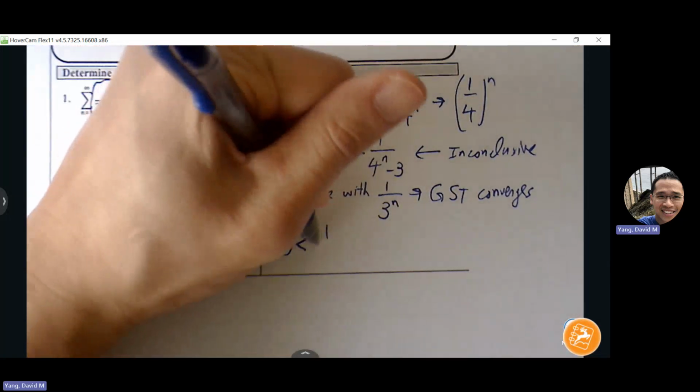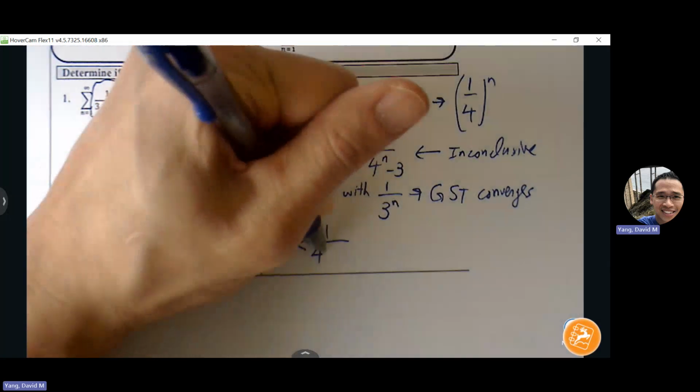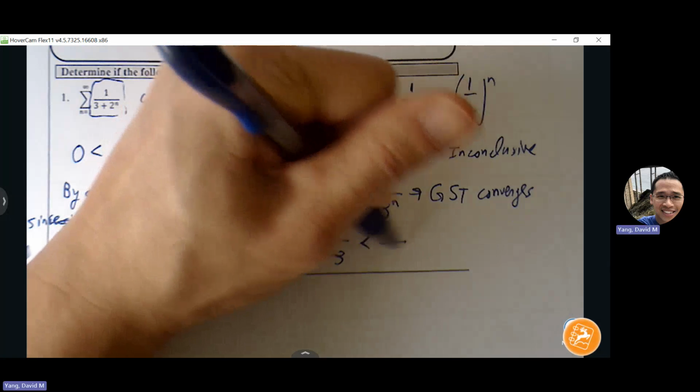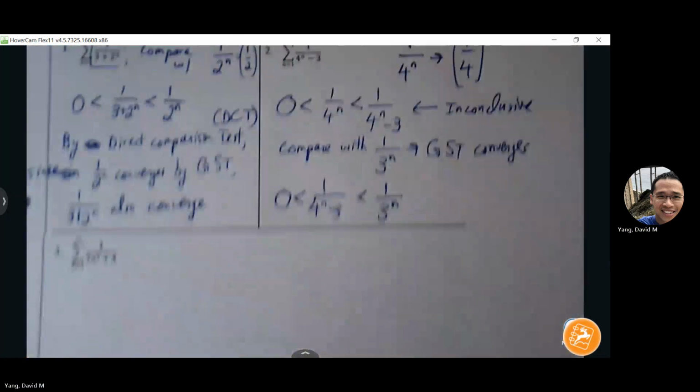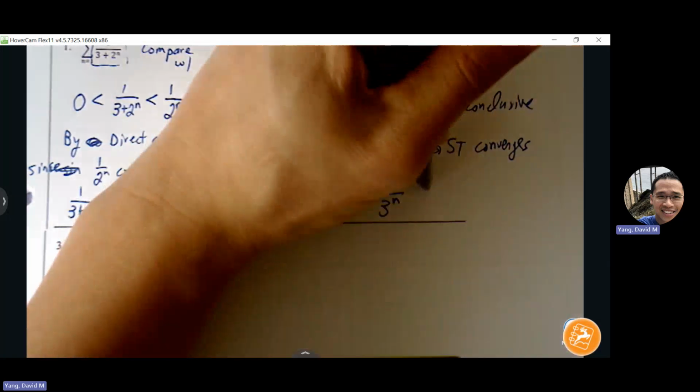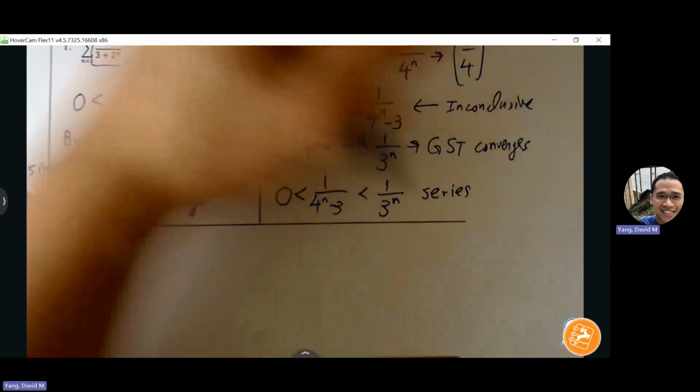We can say for certain that 1 over 4 to the n minus 3 is definitely smaller than 1 over 3 to the n. This denominator is definitely larger than this one, which makes it smaller. So we can say that this series will converge.